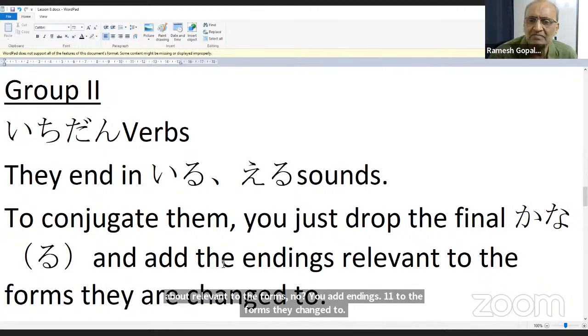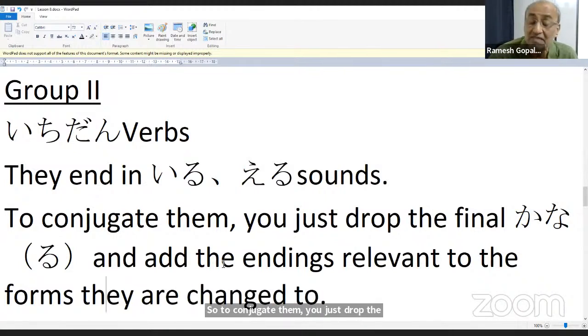So to conjugate them, you just drop the final kana, final ru, and add the endings relevant to the forms they are changed to.